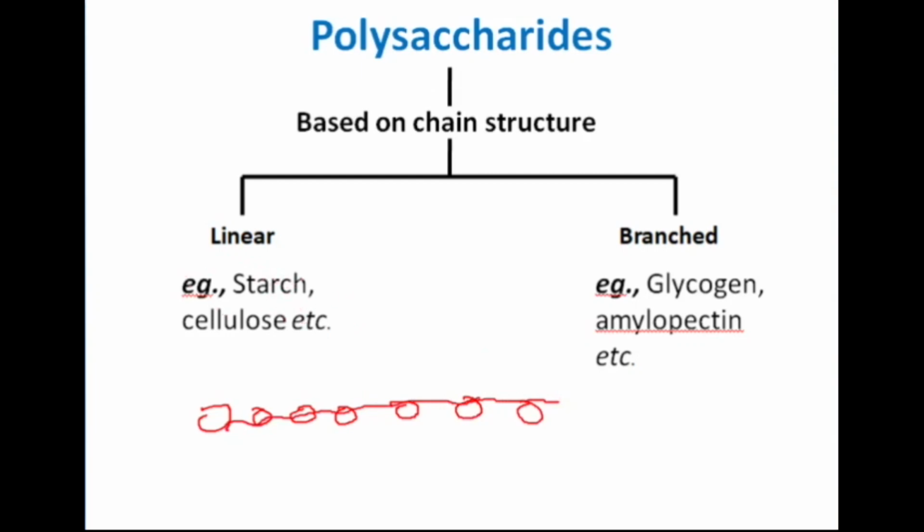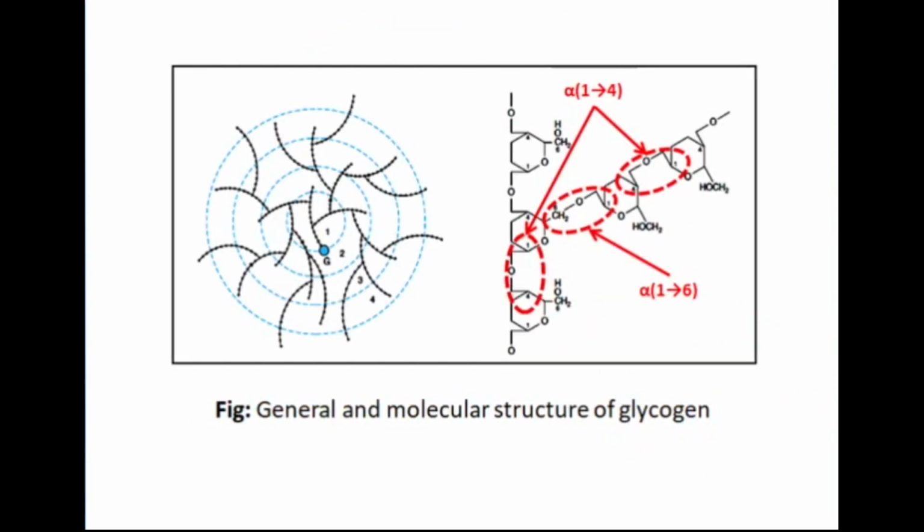I'll show you the structure later on. Then we have branched polysaccharides. Suppose this is a chain of polysaccharide. Then again, you can see the branching in these loops within the chain. So these are branched forms of polysaccharides. For example, glycogen, amylopectin, etc.